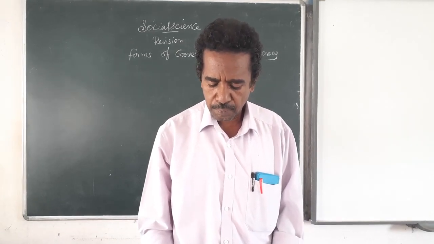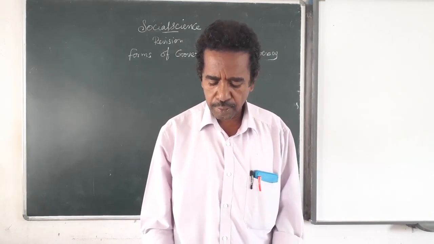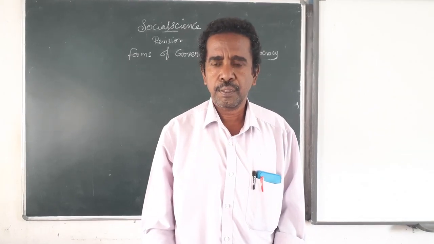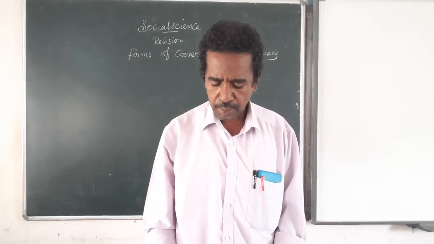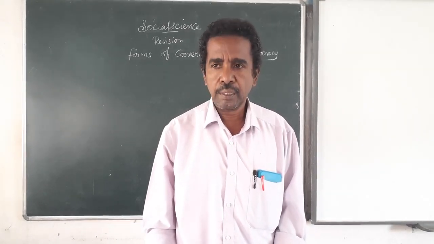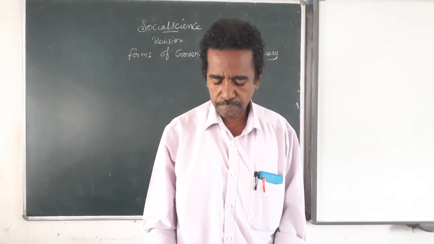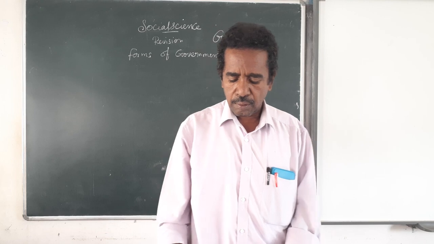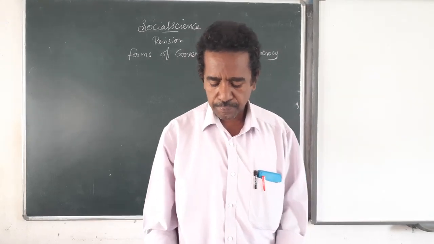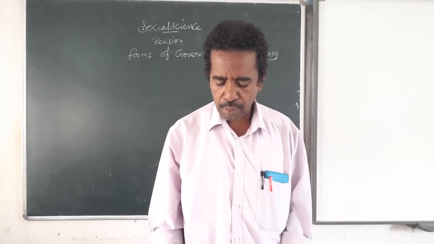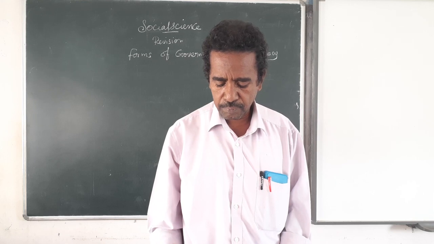The largest democratic country in the world is India. India is one of the biggest democratic countries in the world. That is B option. 12th one, assertion and reason.